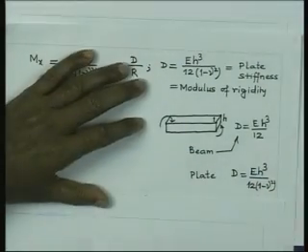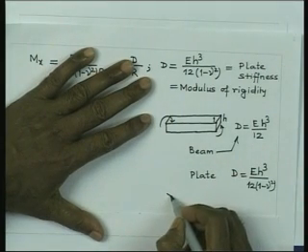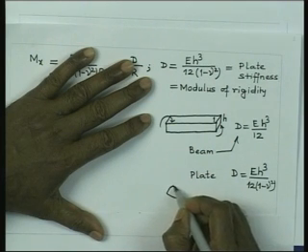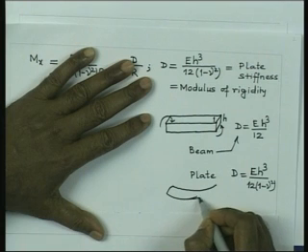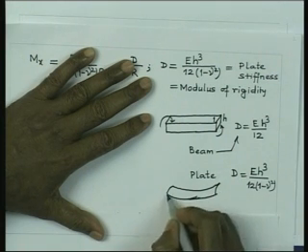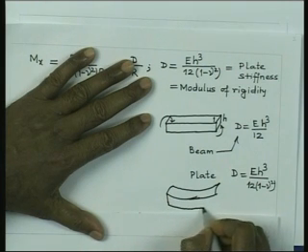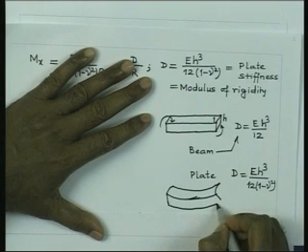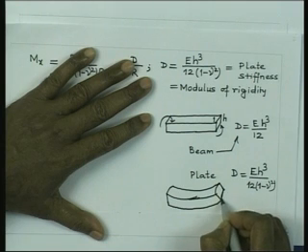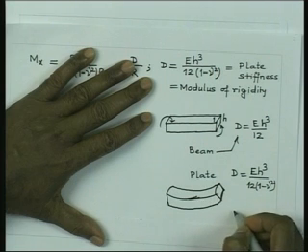That is due to the fact that if you had the beam, this beam would have bent like this, it would have taken a shape like this, and there would have been anticlastic curvature.